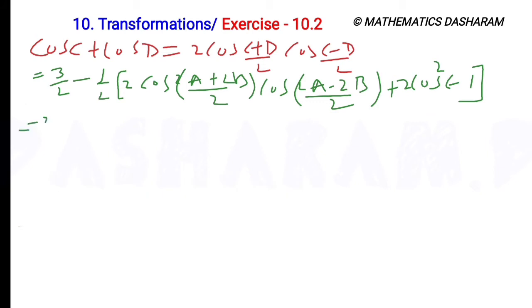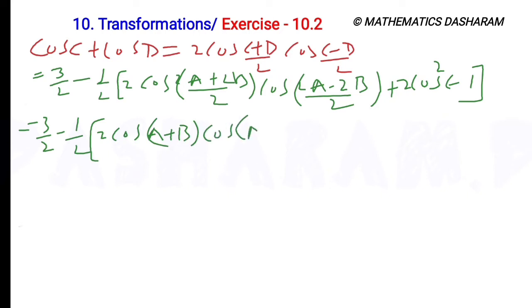So it is equal to 3 by 2 minus 1 by 2 bracket of 2 cos (A plus B) into cos (A minus B) plus 2 cos square C minus 1.